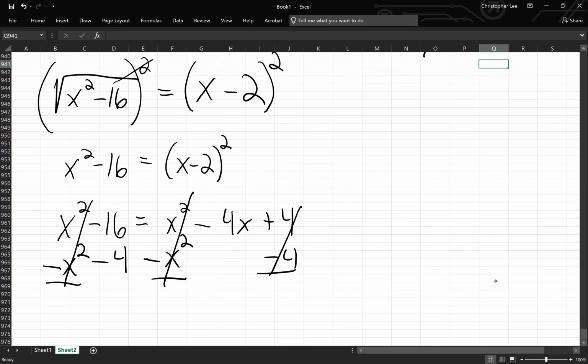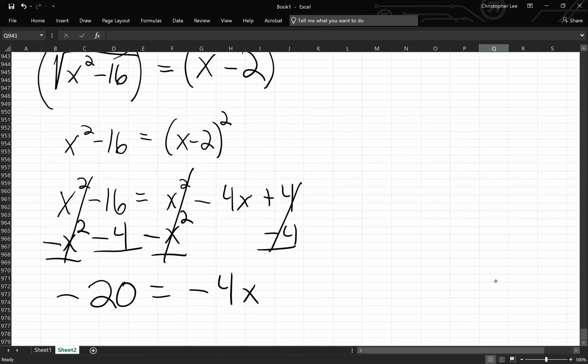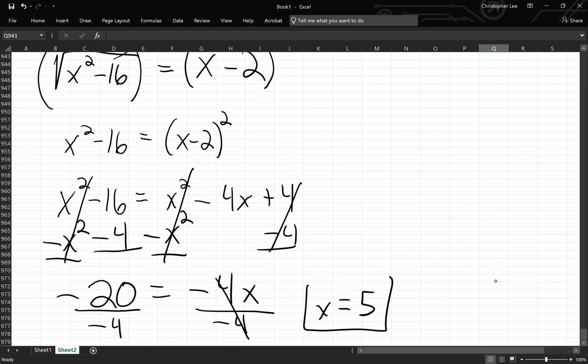Now, what do I have? I have negative 20 is equal to negative 4x. And then after that, you just want to solve for x. So I'm going to divide by negative 4. So now I got x is equal to positive 5. And that's my answer.